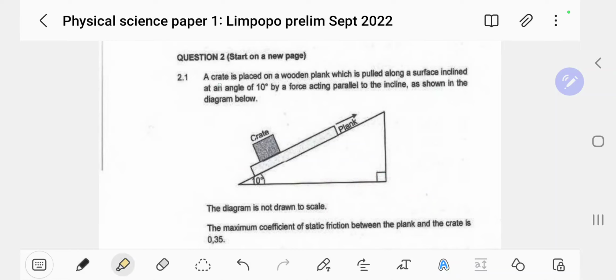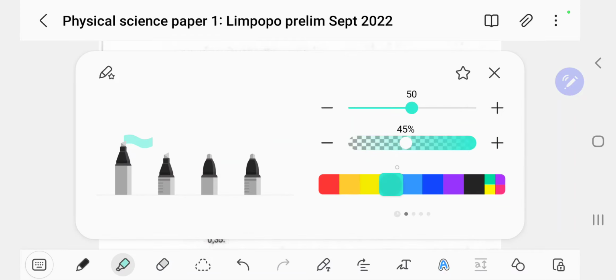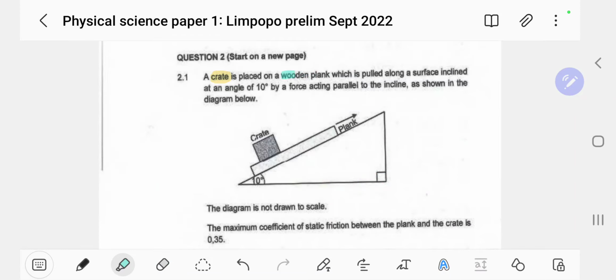All right, we're told a crate is placed. Now remember, a crate is placed on a wooden plank. So there are 2 objects here. You can see that there is a crate and there is the wooden plank, which is pulled along a surface inclined at an angle of 10 degrees. So we have our angle there, not a problem, it's 10 degrees.